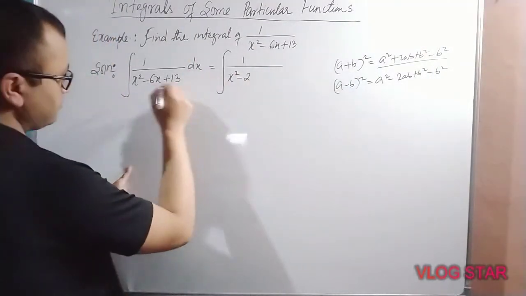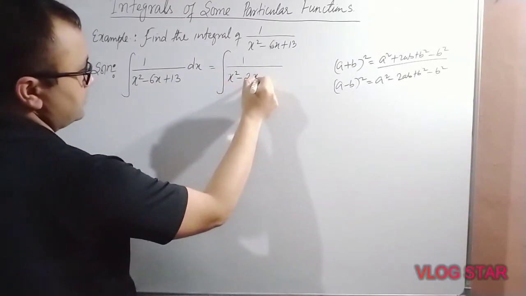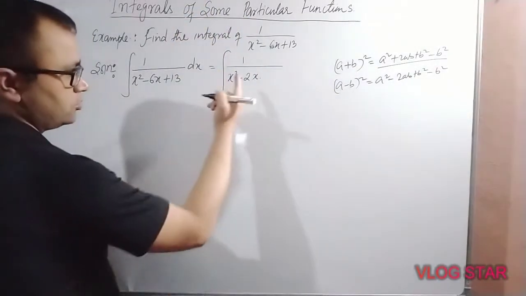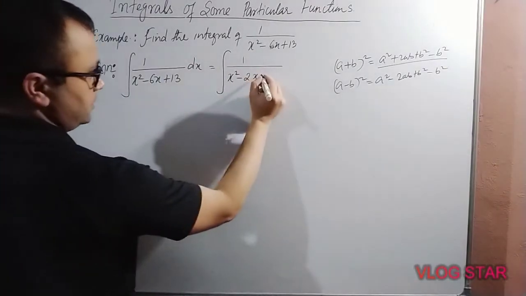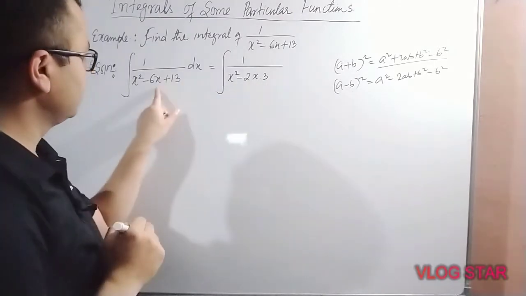So a square minus 2 into a, where a is x. Now what is b? If you multiply 2 with b, you will get the same number 6x. So it is 3, because 2 into 3 is 6.